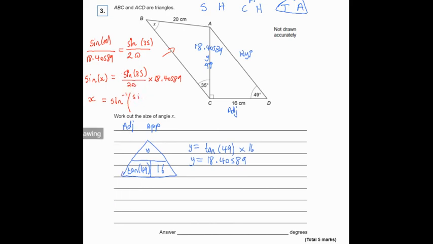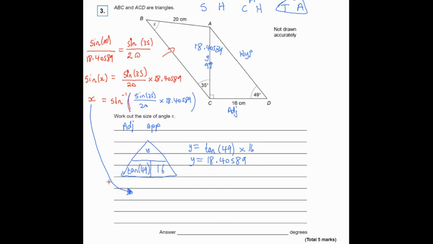In fact, just to not confuse, I'm going to write that bit in blue. So I'm just taking the inverse sine of everything that I just wrote here. So sine 35 over 20 times 18.40589. Okay, so with that, I can just put that right into the calculator and that should give me my answer.